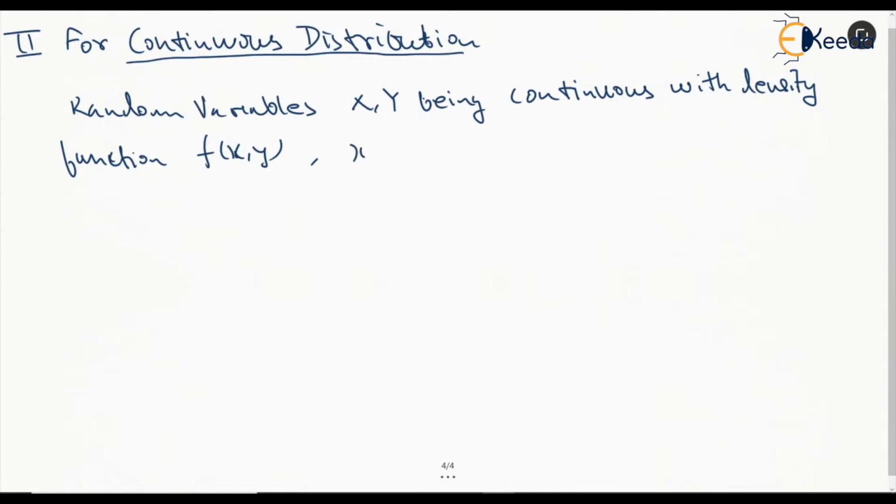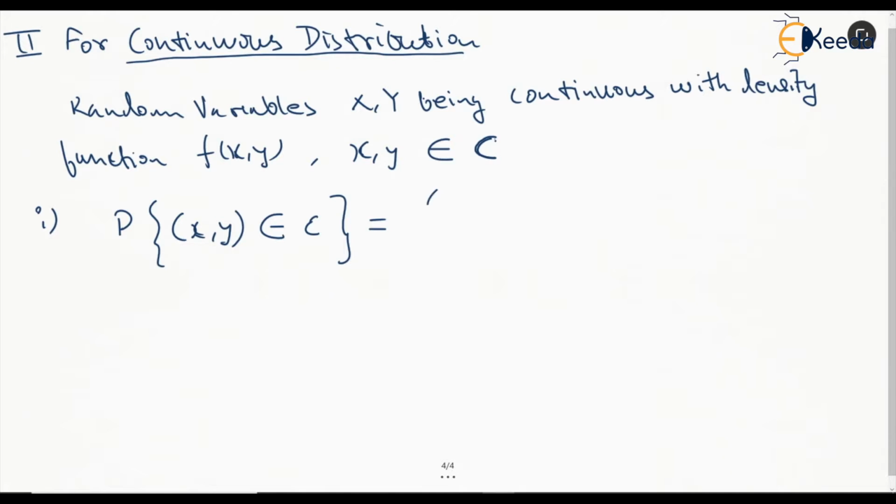Obviously x and y belong to some region, let's say C. C is the region for which x and y are defined, or maybe the function is defined for this region. Then in that case, the probability of x, y belonging to the region C is given by a double integration. In case you haven't studied it, we need this double integration and also the definition of the region defined for this.